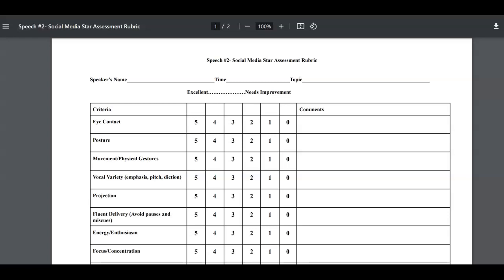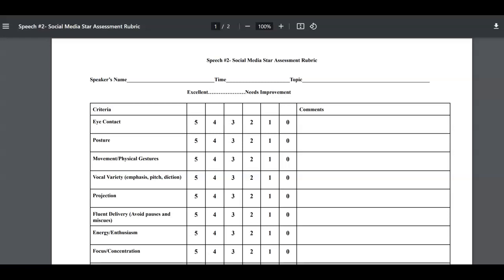But eye contact is hard. It's something that increases with confidence. It's hard to focus your attention when you're talking to a camera. So I wanted to give you some tips about how to do that.